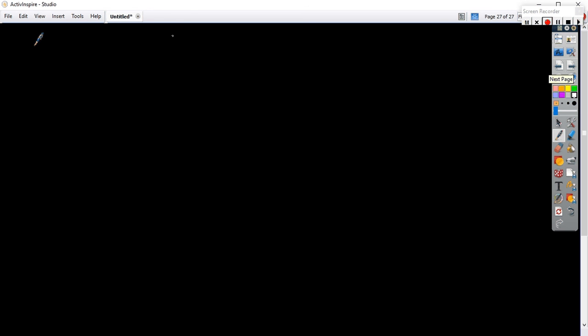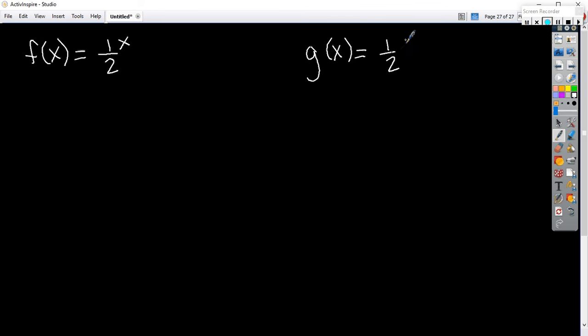Tell me what's happening from F to G. Right 2, which means take every x and add 2, right?